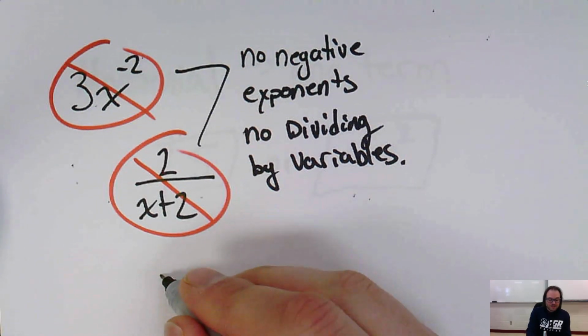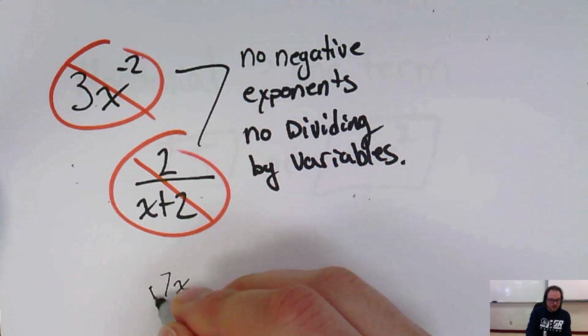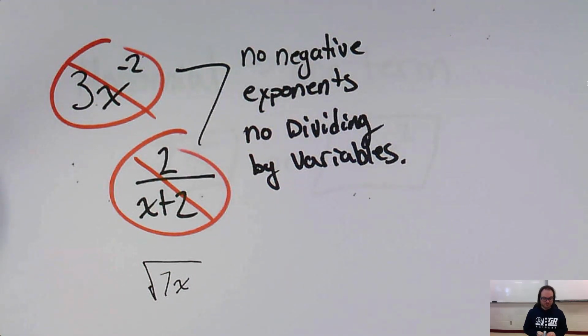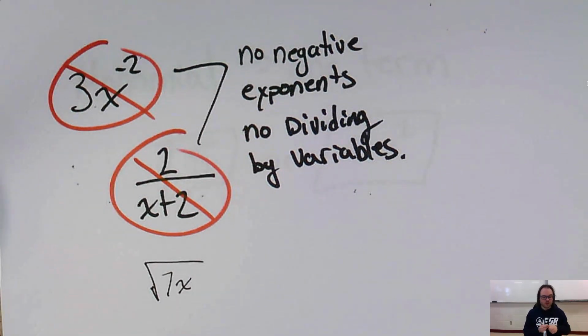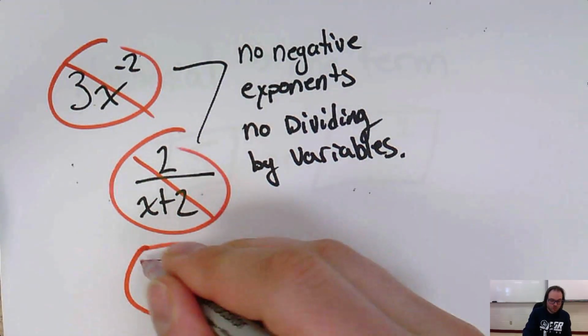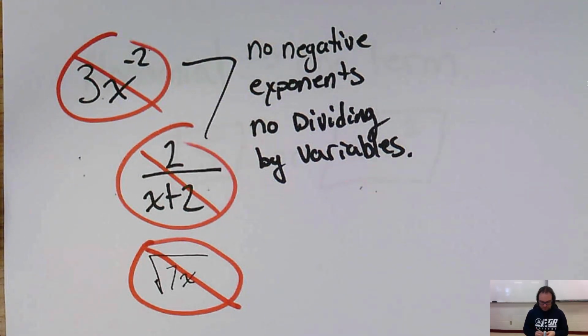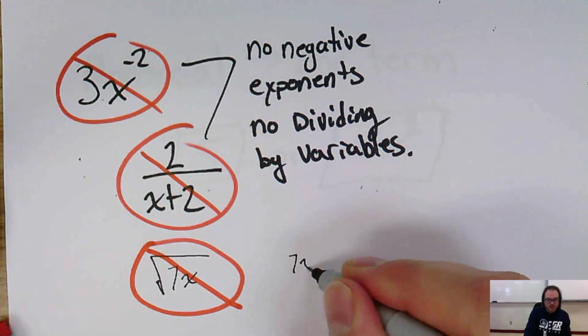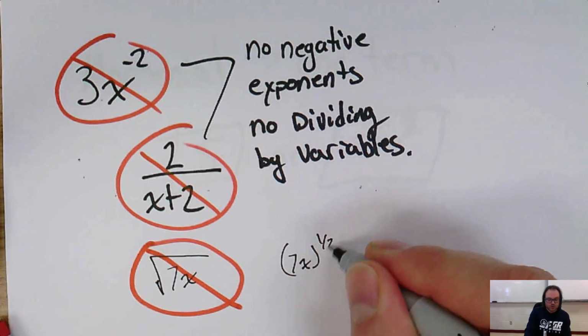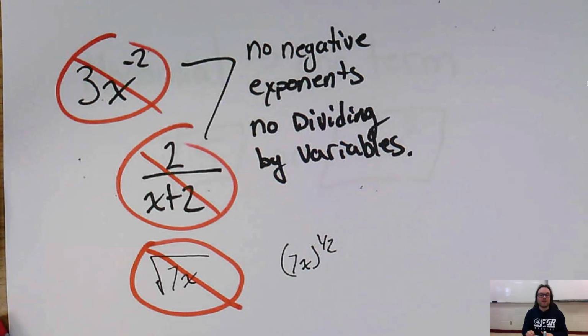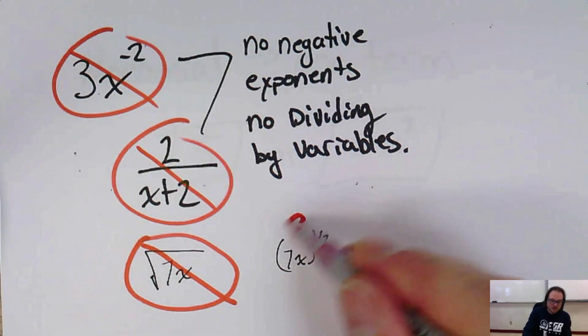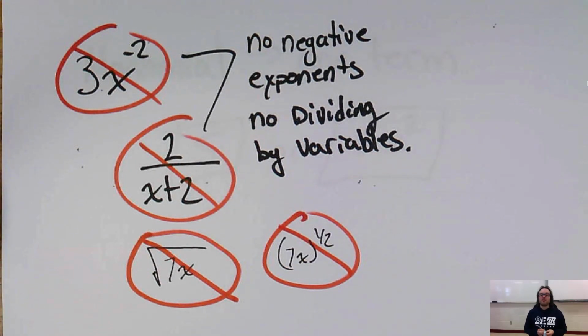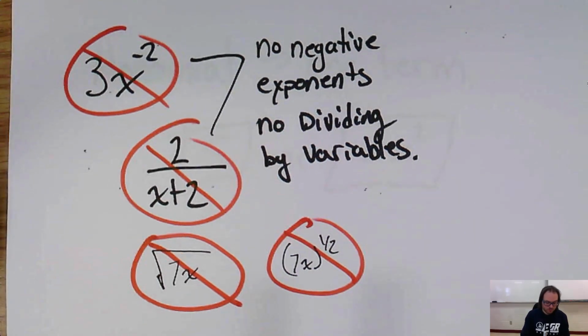If I have 7x and I square root it, this here is going to be another no. Or this is the same thing as saying something like this, 7x to the 1 over 2. Here we have a fractional exponent. So once again, this is a no. Remember, the exponents must be whole numbers, and we cannot divide by variables.